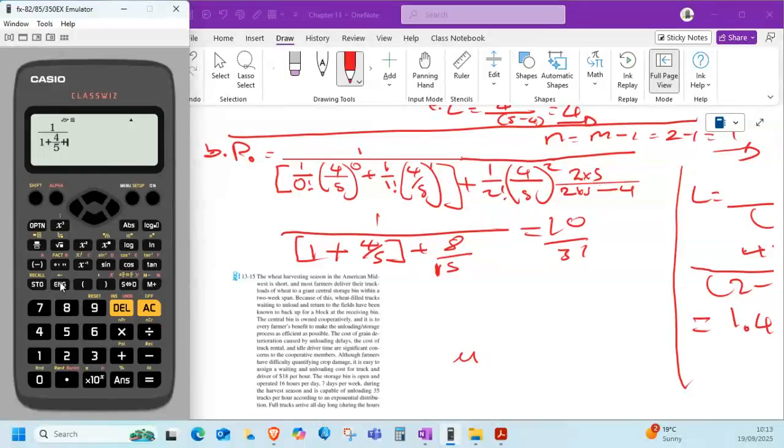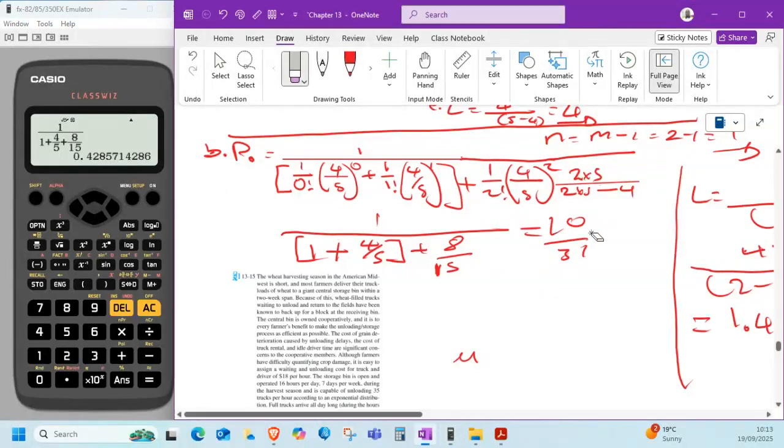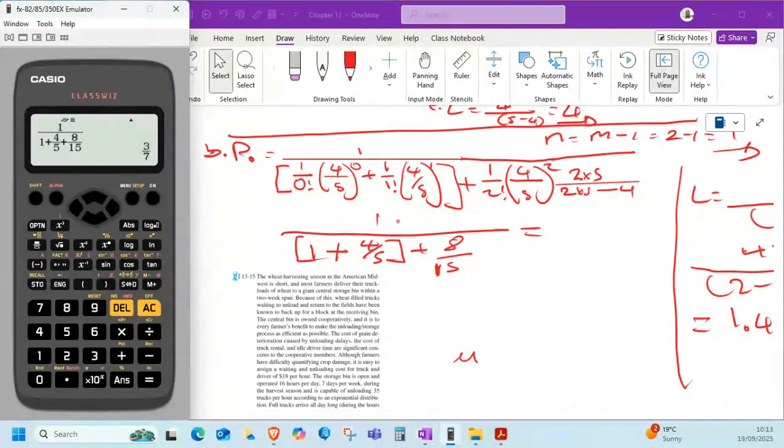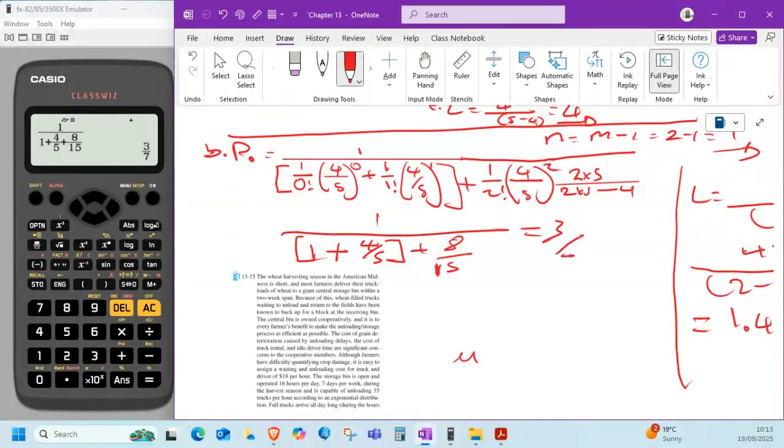Plus 8 over 15. 3 over 7. Now I'm getting the right answer. This is right, which is 3 over 7.